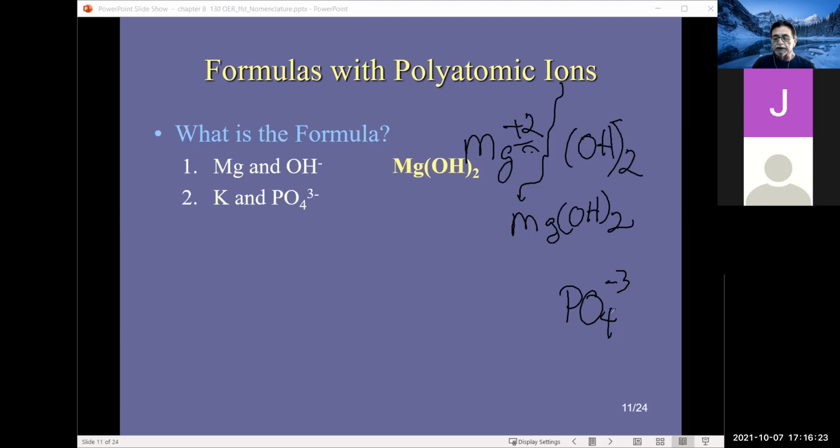And so it's a -3, and potassium has a +1. So I need 3 of them. I'm going to need 3 of them here, because I got 3 pluses and a -3 on the phosphate. Okay, so there's my formula, potassium phosphate.